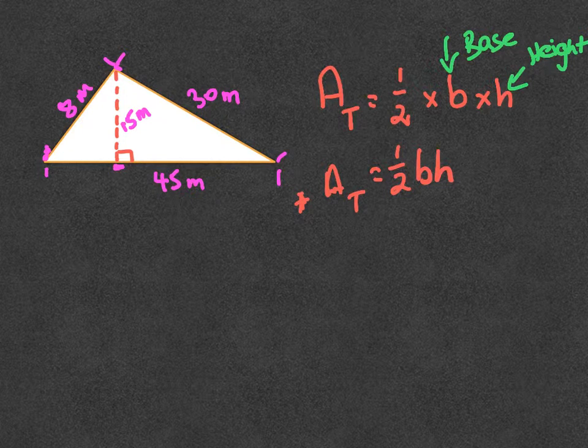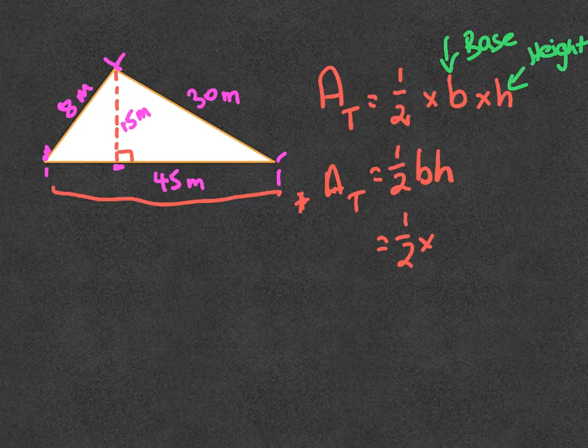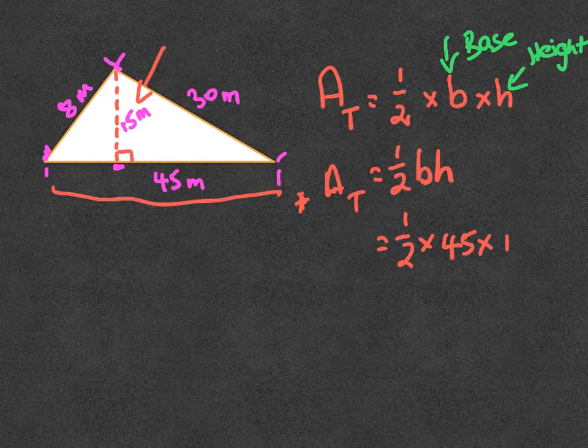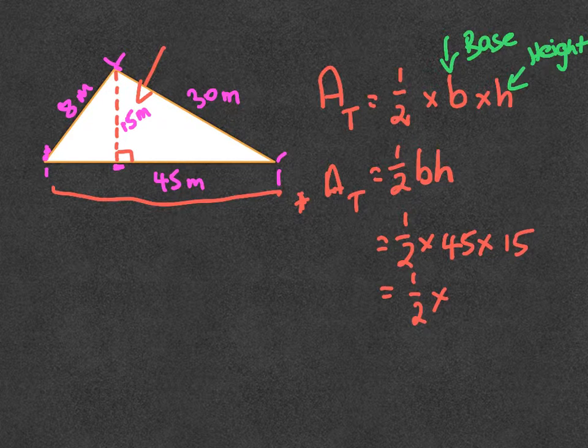Okay, so let's have a look. Moving on down, we have 1/2 multiplied by our base. This down here is our base. It's our longest length, and it's also a bit more obvious because it's sitting on the bottom. So 45 by our height, which is here, which is 15. We'll carry this down as 1/2 multiplied by, and if we multiply 45 by 15, we get 675.